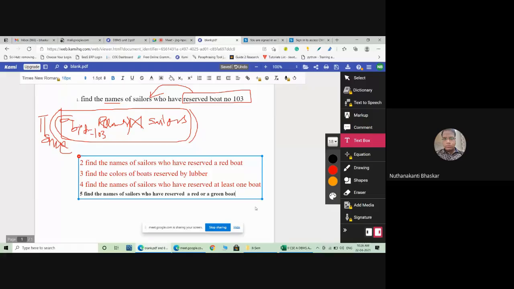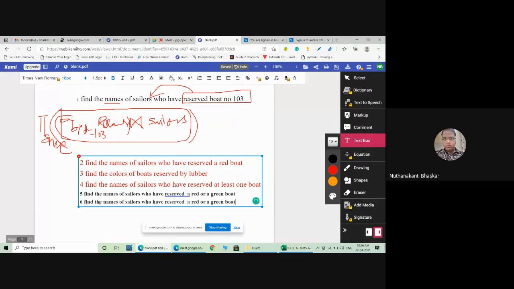So very simple. We need to find the sailor names who have reserved red and apply the union operator. OR means union, you know very well. And again, the same query you write for green boats. Understood? Union means either this or that or both. So that is what union is.